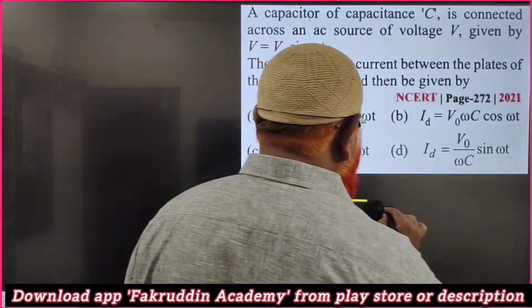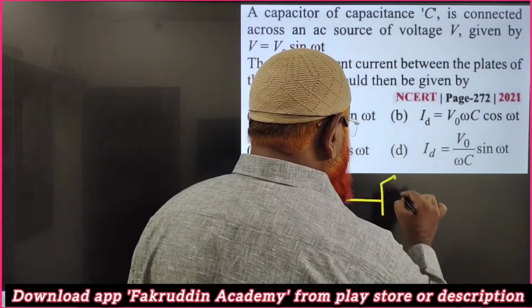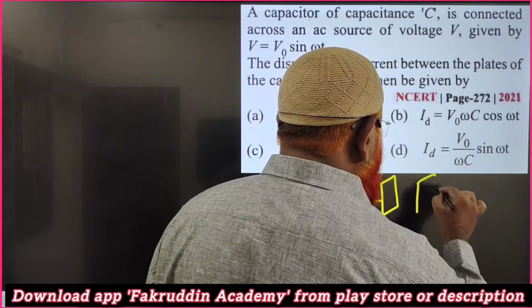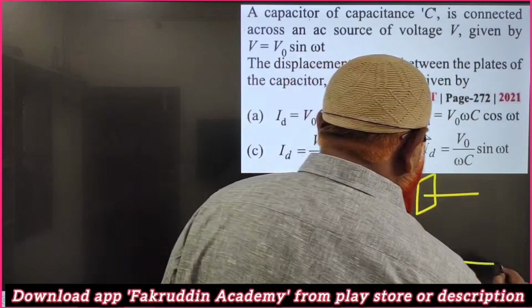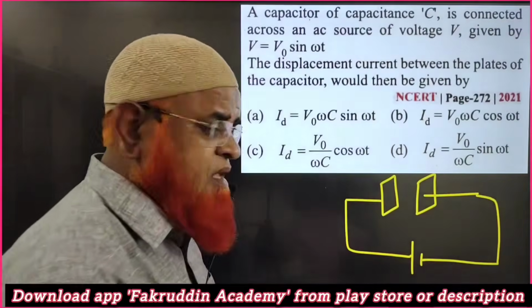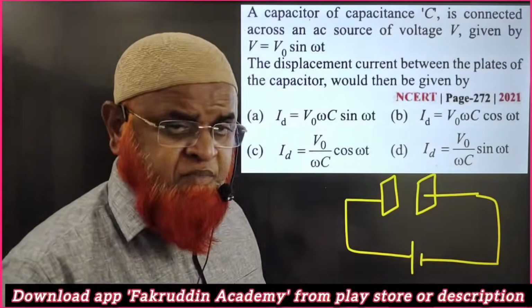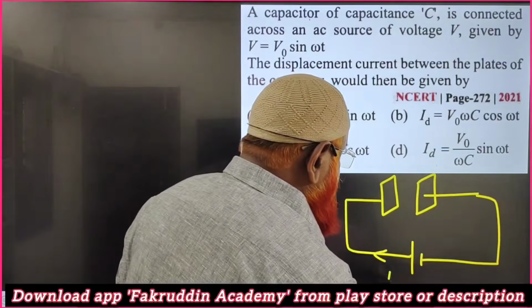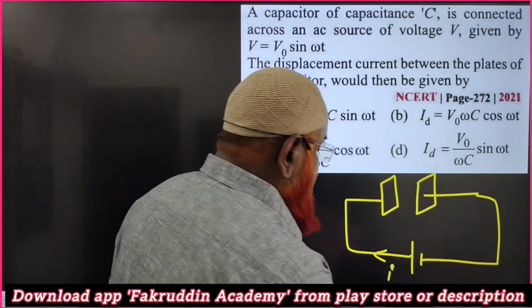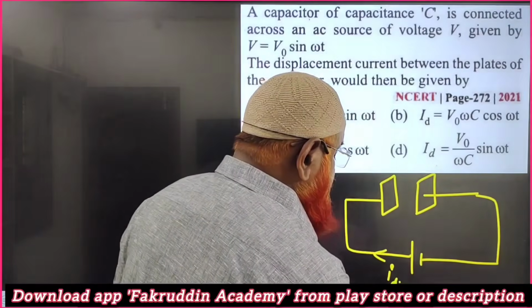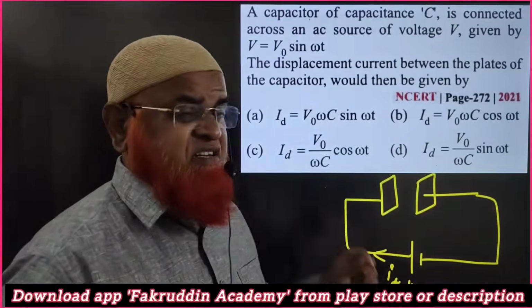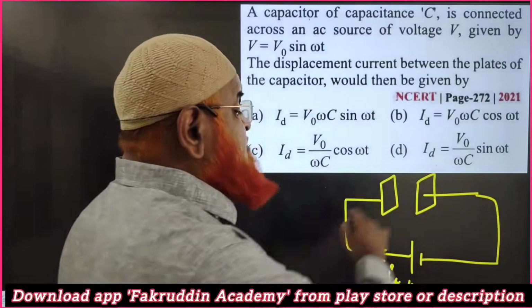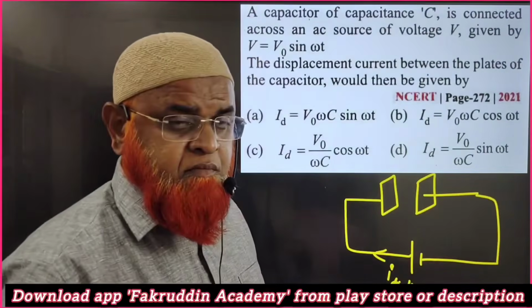Here, let us discuss that there is a capacitor, and these two plates of the capacitor are connected to the battery. You all know the current passing through the wire is said to be drift current, and the current flows in the wire.